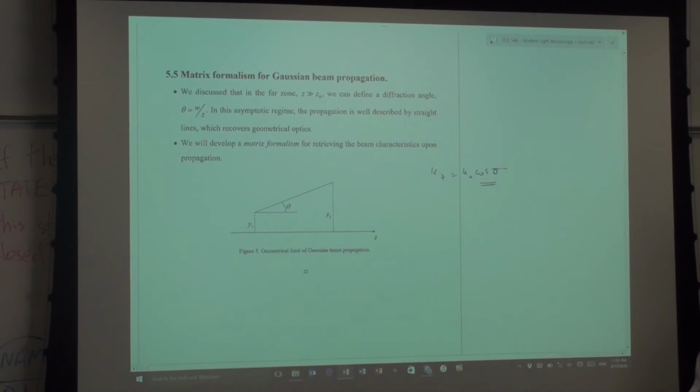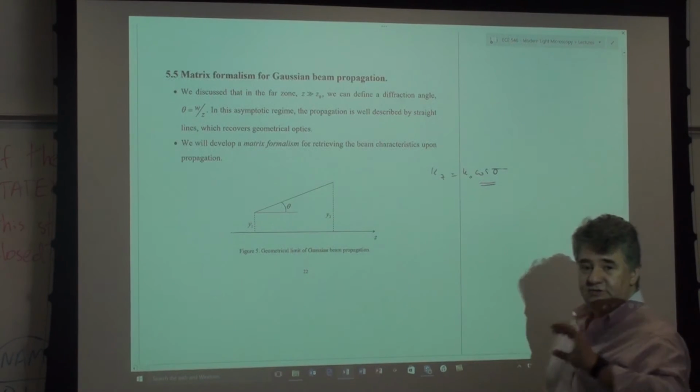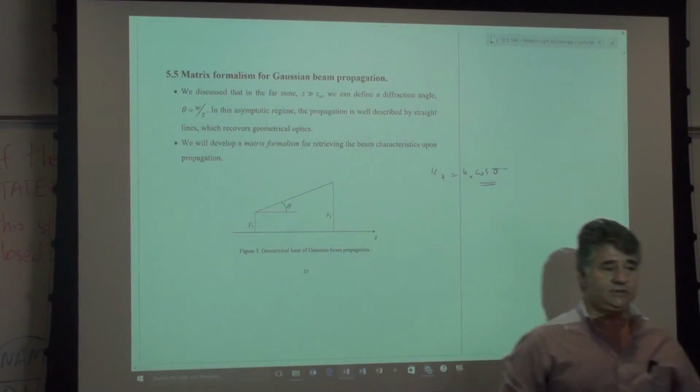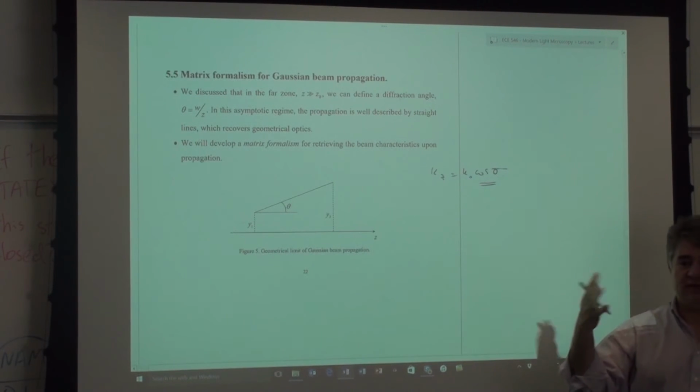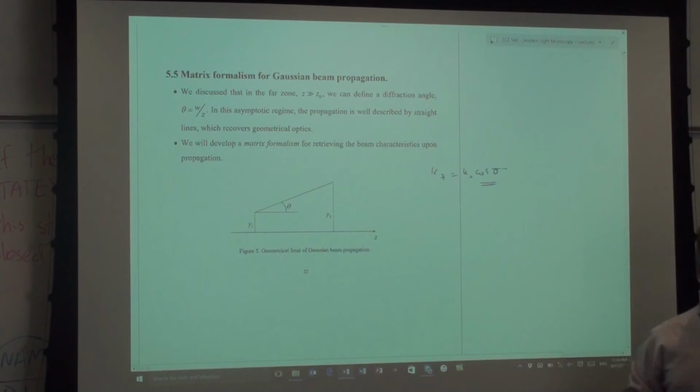So in geometrical optics, you get basically the elevation of a ray at a certain plane, the distance with respect to the optical axis, and the angle of the ray. These are the two parameters that tell you everything you need to know about a line. Angle and where it hits this plane, right? So those matrices help us with that. We did that in 460. Here we show that actually the same matrices that apply to lenses and free space will give us R and W for Gaussian beams.